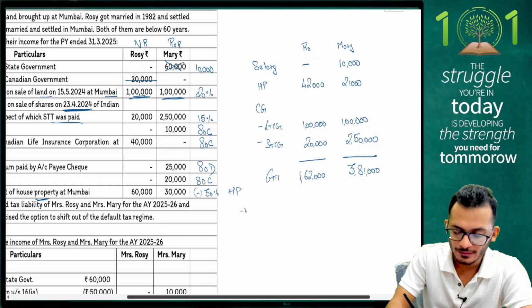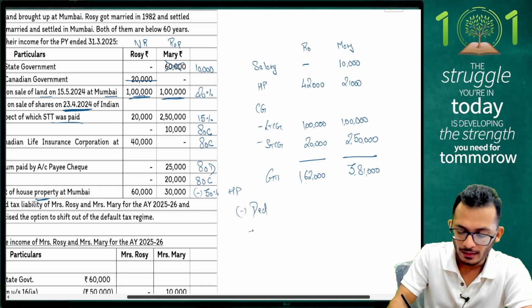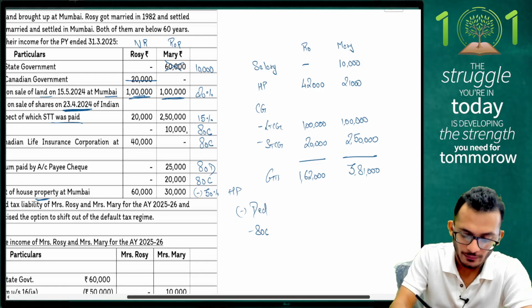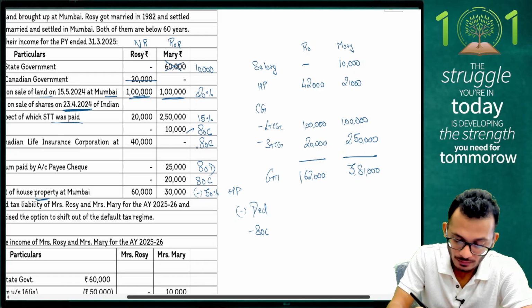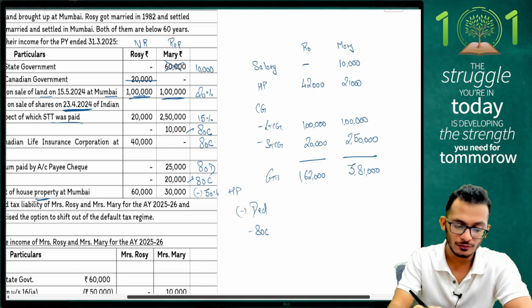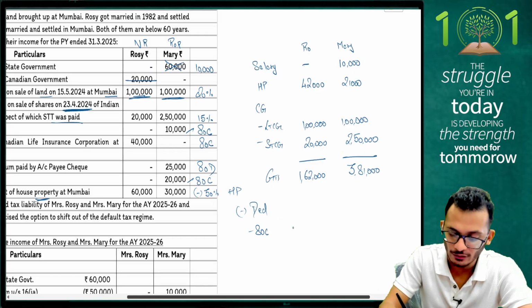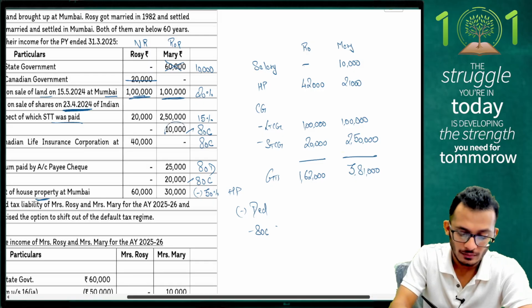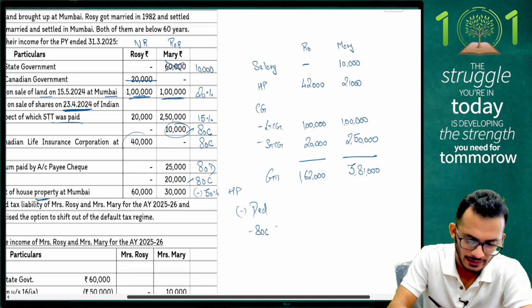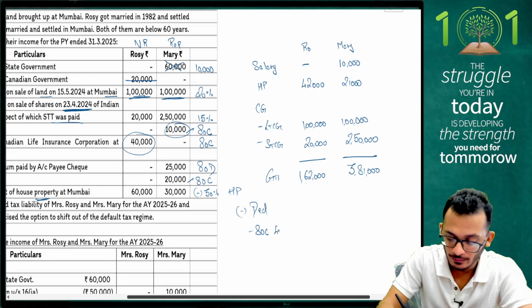Give me the deductions. I have 80C. Which ones? I have one, this two and this two. So there are two 80Cs, which means 30,000 for Rosie. Rosie is getting 40 from here and Mary is getting 30 from there.